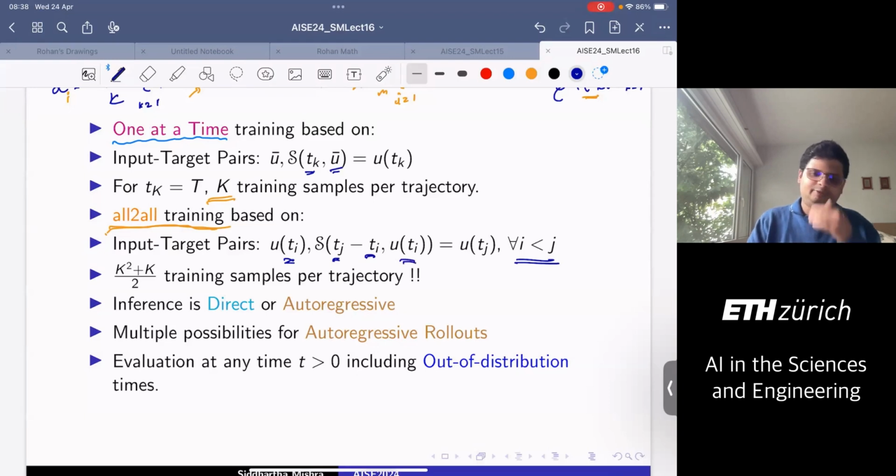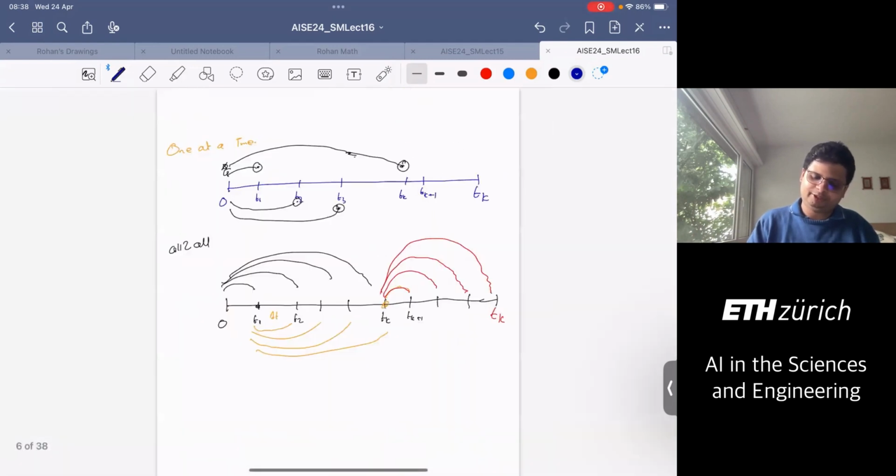So what is the advantage of this strategy? First of all, the data is there. Whenever you have been given a trajectory, you have been given all these data points. They're available to you. You don't have to scamper for the data. But the advantage is that now we have a lot more data. From the first point we have access to K data points, then K minus 1, K minus 2, and so on till 1.